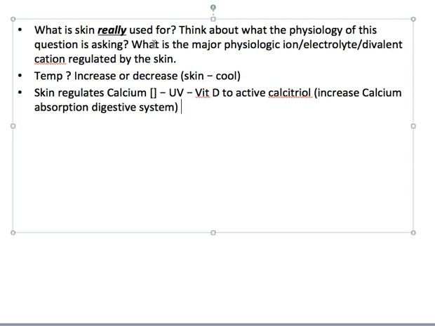This is why in class I said you need to get 10 minutes of sunlight a day. Get outside, get inside the sun, get some sun so you can absorb more calcium.